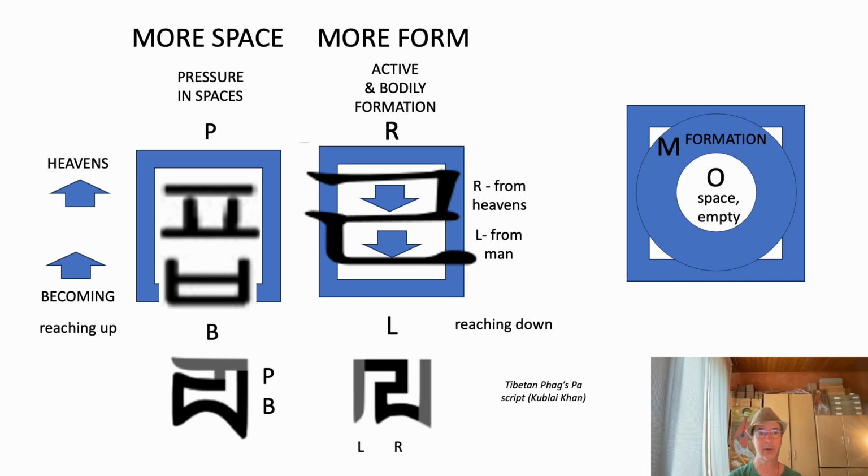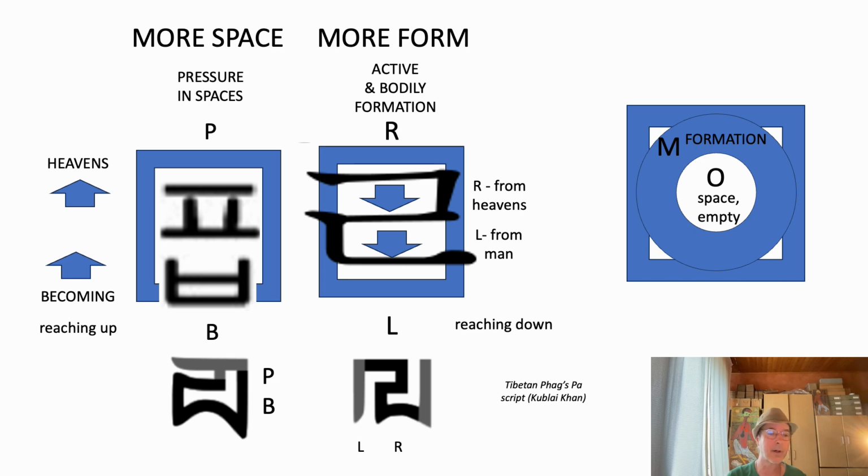So some of the processes, if you see it from the space or from inside the space, which is growing, the space or the heavens is in that way as well. So you go up to the heavens and you try to reach the heavens or the ideals. You have two kinds of forms, the B and the P. Before they were just one letter.